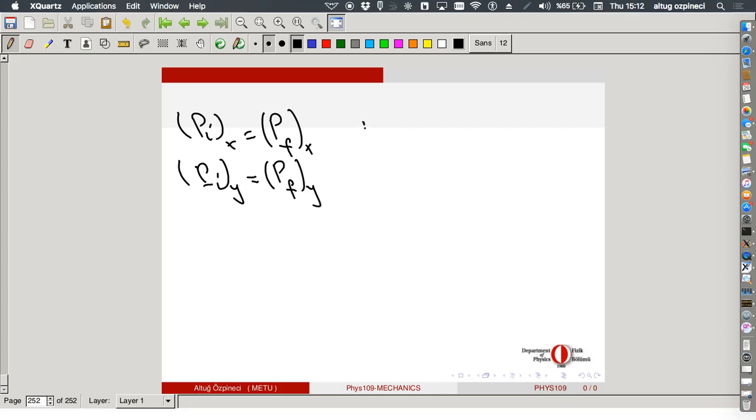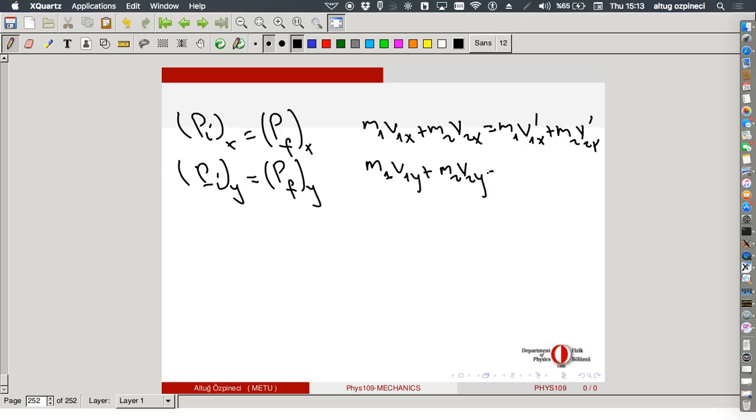Or in terms of the speeds, m1 v1x plus m2 v2x should be equal to m1 v1 prime x plus m2 v2 prime x, and m1 v1y plus m2 v2y is equal to m1 v1y prime plus m2 v2y prime. Okay, we have 4 unknowns. Now we have 2 equations. We need at least 2 more equations to determine.